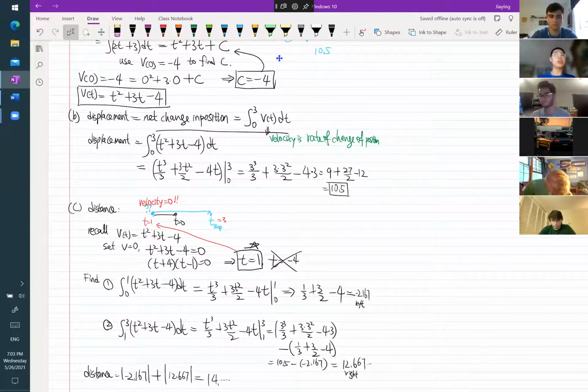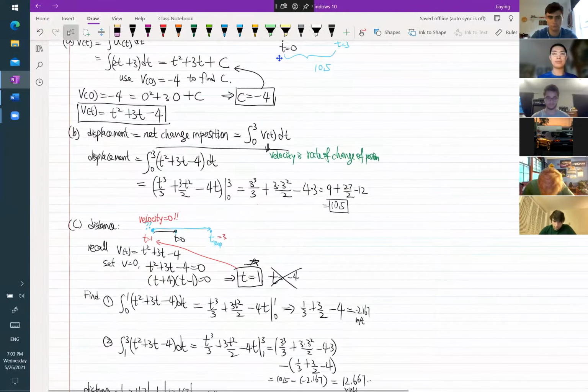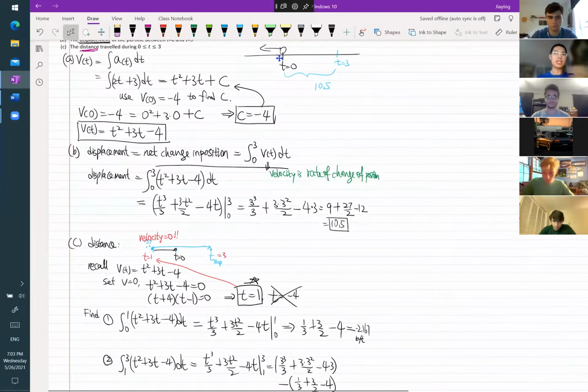For displacement, you integrate using the beginning and end time, and whatever number you get is the answer, right? But distance is not. You have to take the absolute value of each part of the path and add them together. And I threw in the first part just as practice for finding the indefinite integral.